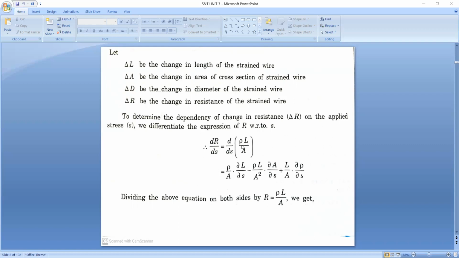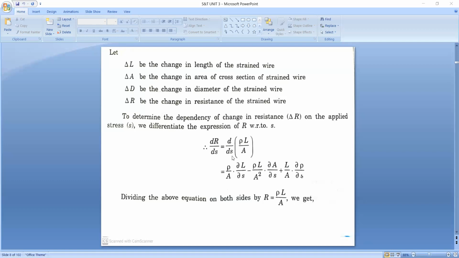We know R is equal to rho L by A, differentiate with respect to S. In the differentiation, first take rho and A as constants out. So differentiating the length, it is dou L by dou S. And then with respect to area, we take rho L as constant out.